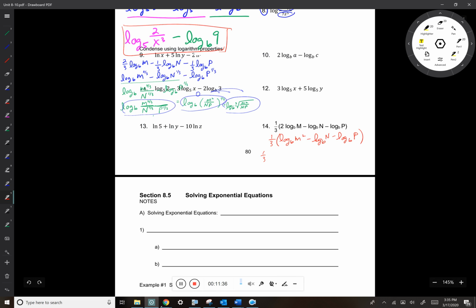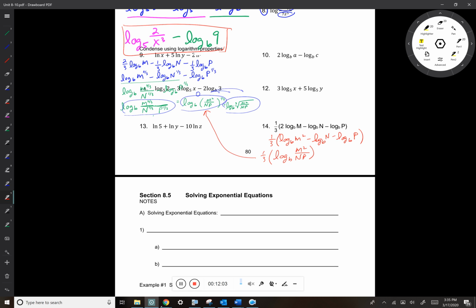So 1/3, and then on the inside I have log base b of m squared, and that minus means this is going to be over n, and then that minus again means this is going to go in the denominator, like a fraction, so it's also going to be over p. And isn't this the same as what we have right here? Because if you want to, you can move that 1/3 up as an exponent. So again, different ways to think about it.